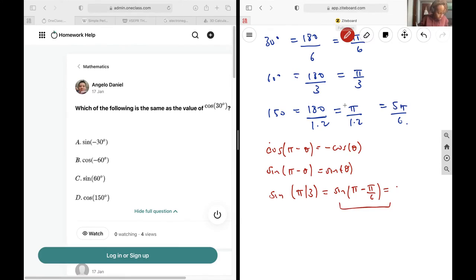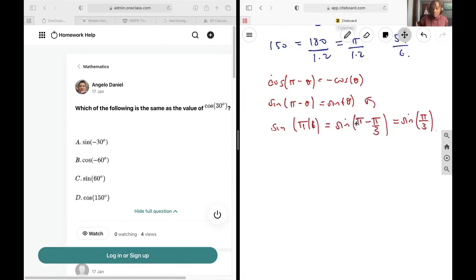My apologies. Sine of pi over 6 can be rewritten as sine of pi minus pi over 3. And according to what we have here, this will be equal to sine pi over 3.